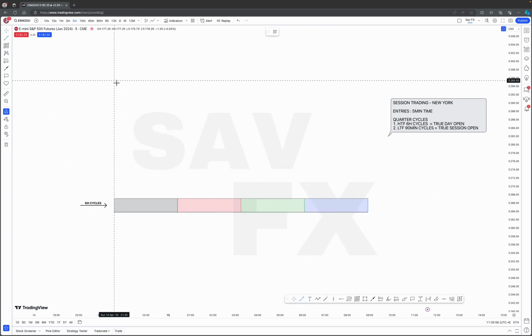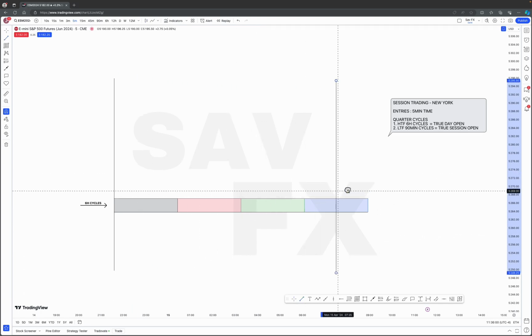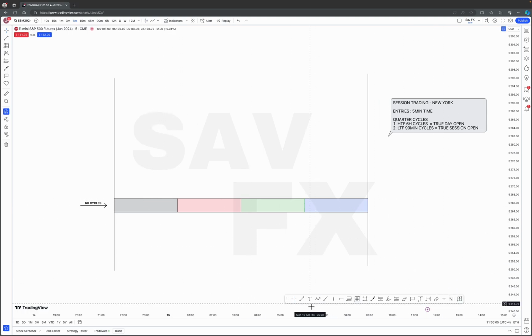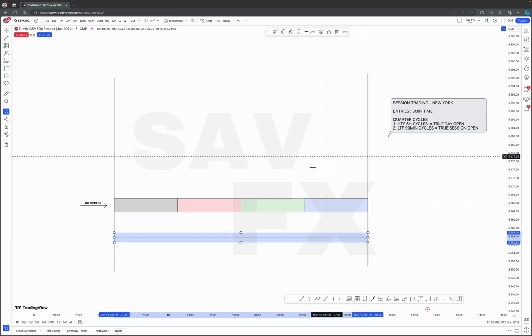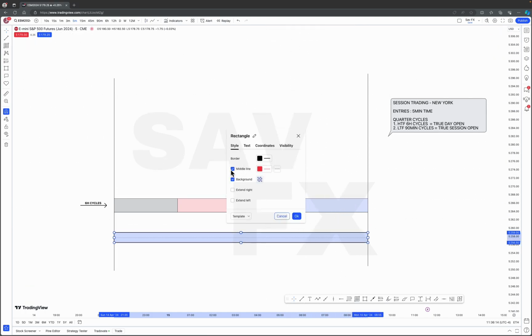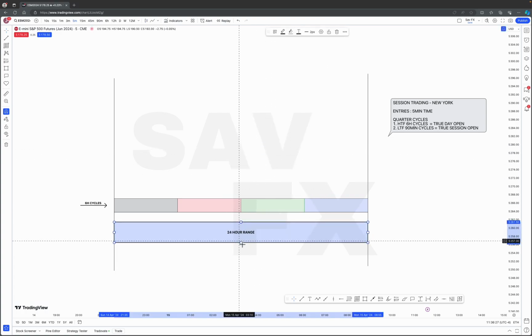Then when you add them all from here to here, it's going to be a full 24-hour range. So if you add them up like this, they should add up to a full 24-hour range, if that makes sense.